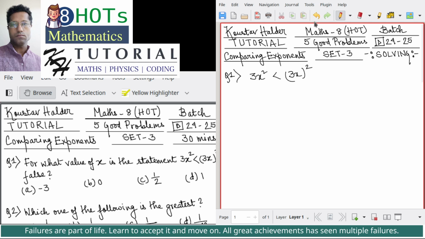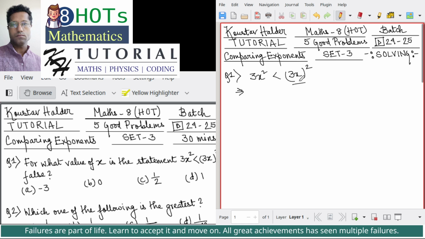Now let's see if, irrespective of the choices, we can find all the possible values of x for which we will have 3x square less than square of 3x. So we will slightly rewrite the right hand expression, the RHS.